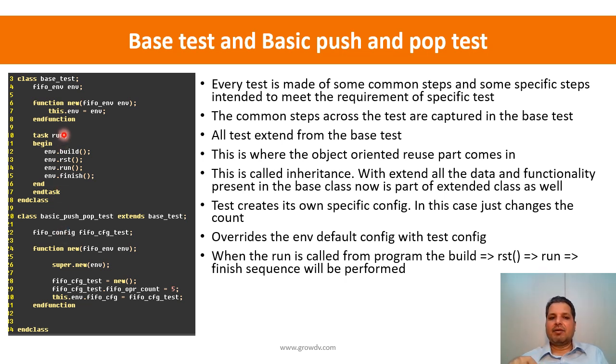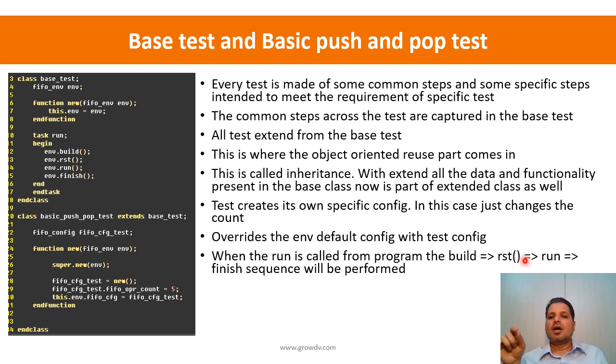When the environment was instanced, the FIFO config handle that is present over here on line number 20 would have had a default object from the environment. Now that object is overridden with the FIFO config test. So when I start the run, which happens after constructing the test, when I do the build or when I start the run, it will use the new config that I have put in through the test.